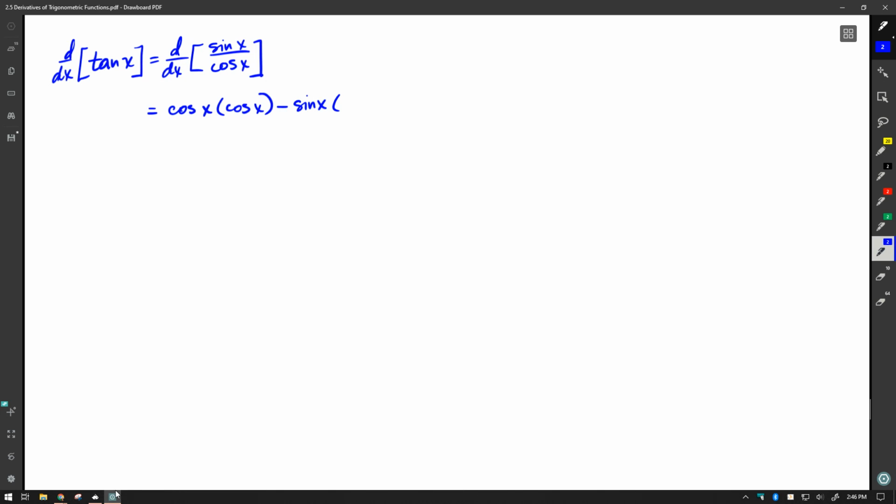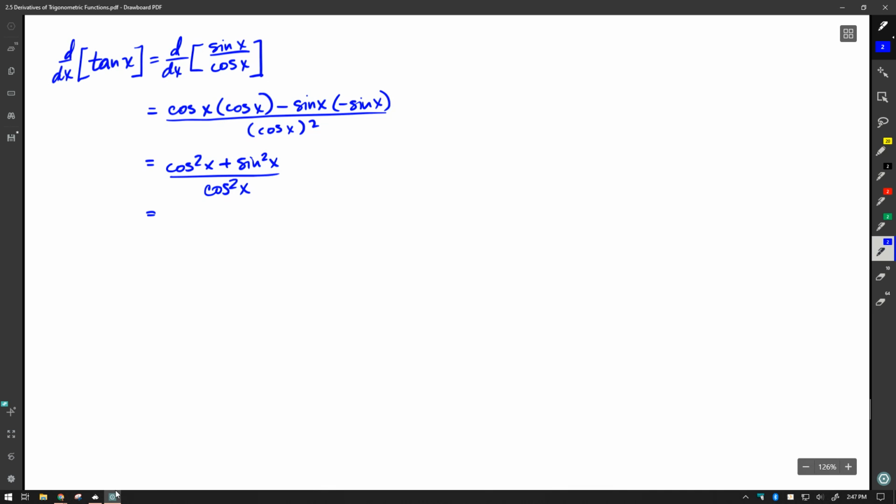Derivative of cosine of x would be negative sine of x, and this is all over the denominator, or the low function, cosine of x quantity squared. So now we'll distribute. We have cosine x times cosine x, that's cosine squared of x, minus sine of x times negative sine of x, that's plus sine squared of x. And this is all over cosine squared of x.